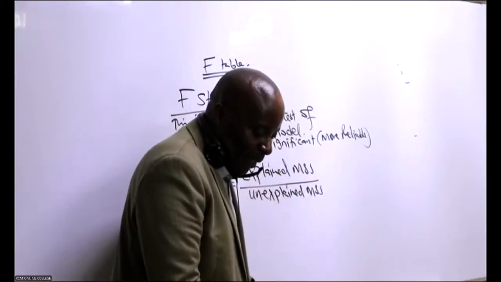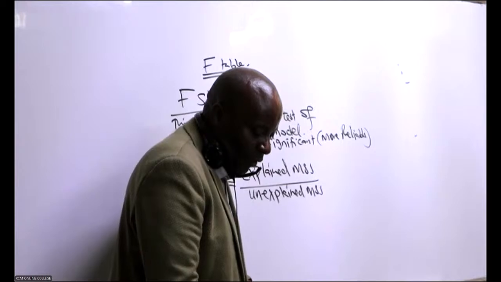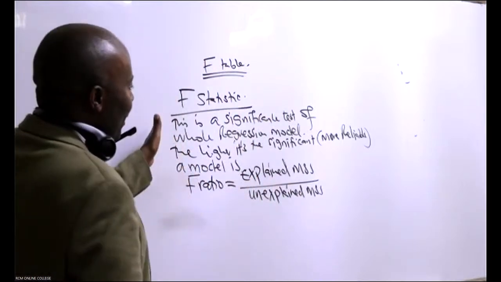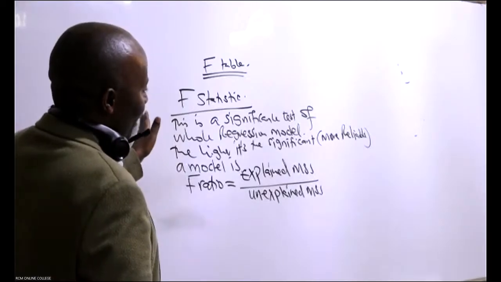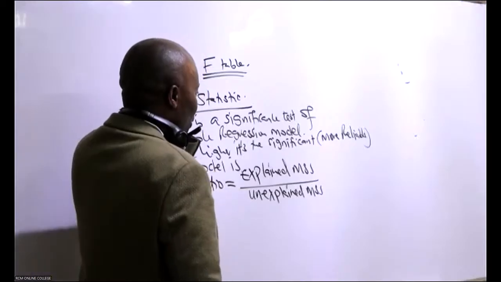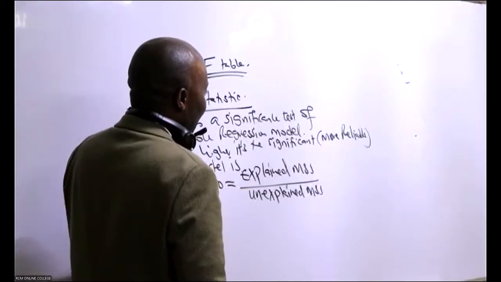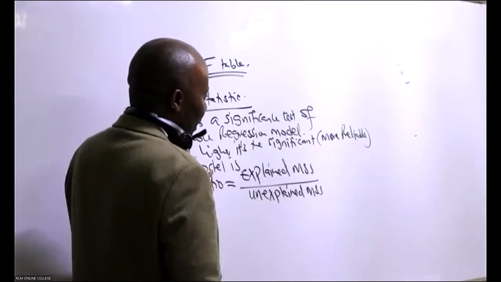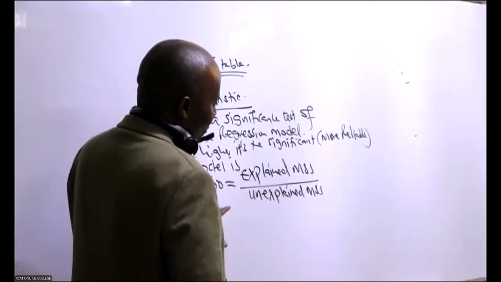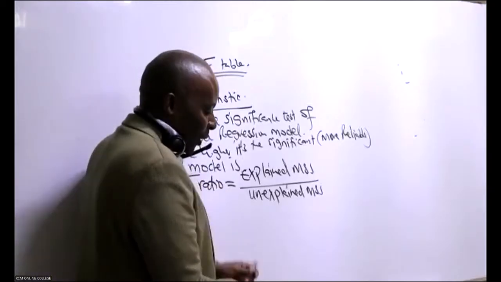Yeah. The last part of the definition of the F statistic. But I think this is a better one, if you don't mind. This is a significance test of the whole regression model. The higher it is, the more significant, more reliable the model is. And then F ratio equals explained MSS all over unexplained MSS.